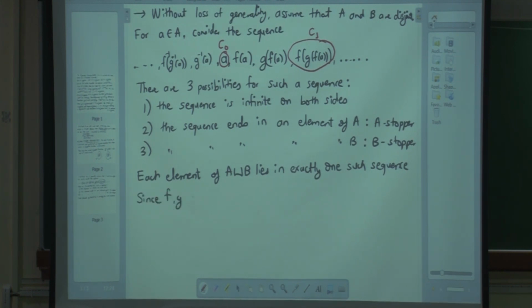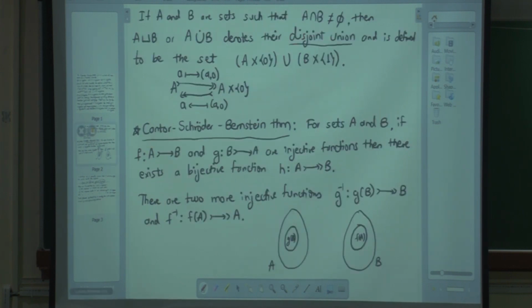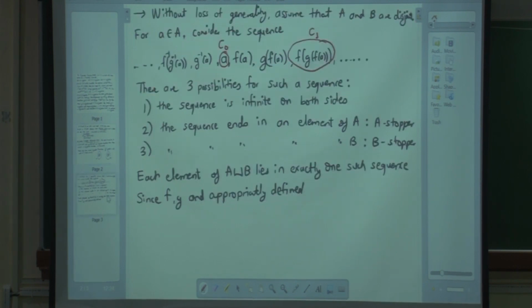Since F, G and F inverse, G inverse are appropriately defined, this appropriately defined simply refers to this thing, that F inverse and G inverse are functions from GB and FA respectively. Appropriately defined F inverse and G inverse are injective.